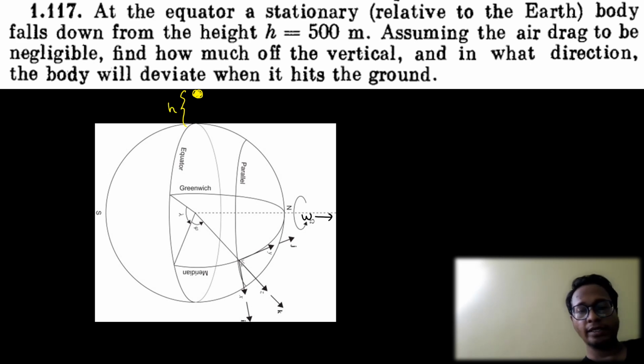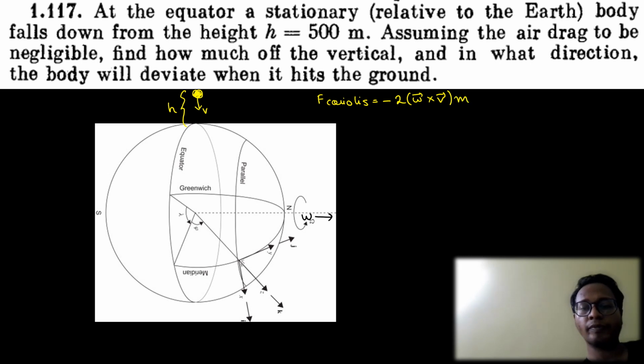As it falls down, the direction of velocity v would always be downward, no? And due to this velocity v, there will be a Coriolis force acting on this body. Coriolis force is equal to minus 2 m omega cross v.